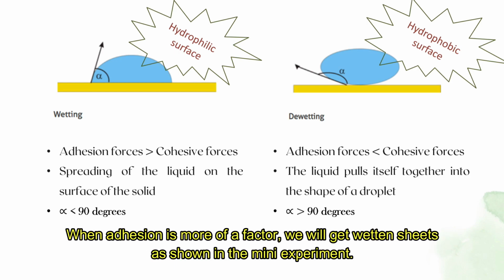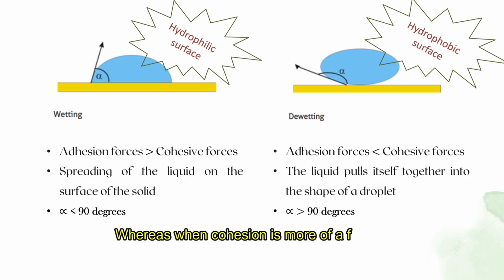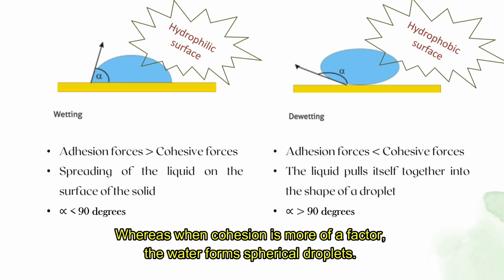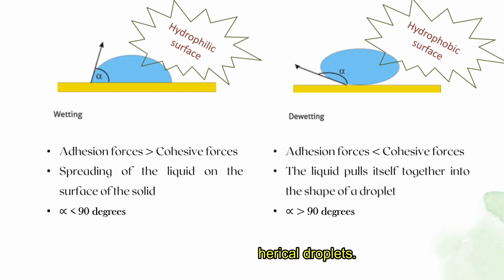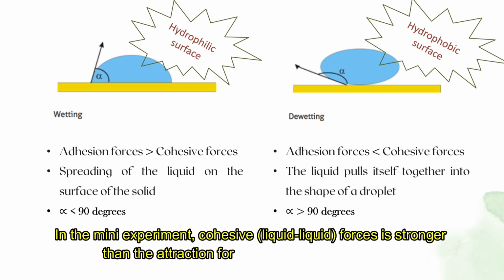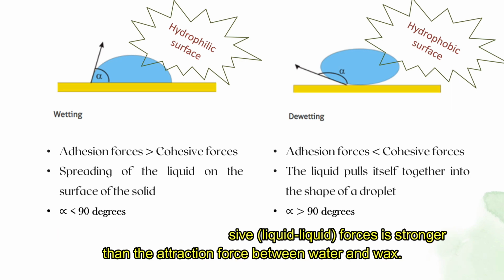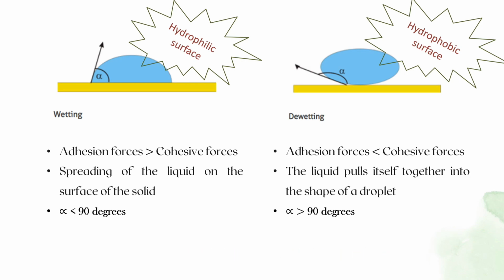When adhesion is more of a factor, we will get a sheet of water as shown, whereas when cohesion is more of a factor, the water forms spherical droplets as shown in the previous mini experiment. In the mini experiment, the cohesive force is stronger than the attraction between the water and the wax. This is why the water droplets stay on the wax paper.